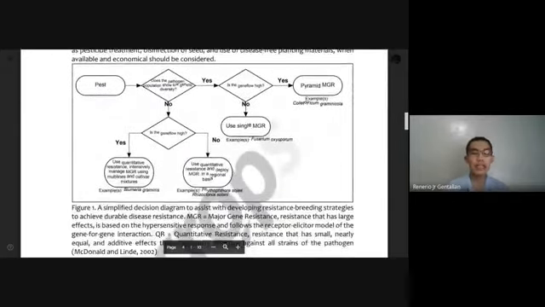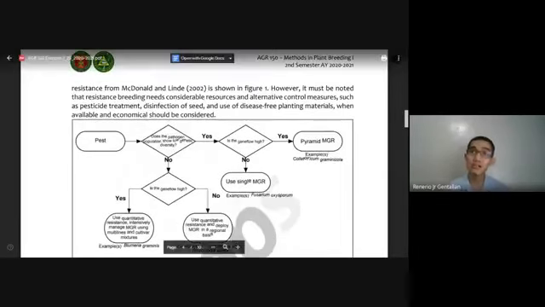So here is a strategy, a dichotomous scheme, more like a question and answer type of strategy, in which a diagram would help assist the breeding strategy necessitated depending on the evolutionary risks posed by the pathogen, because sometimes your pathogens might evolve.